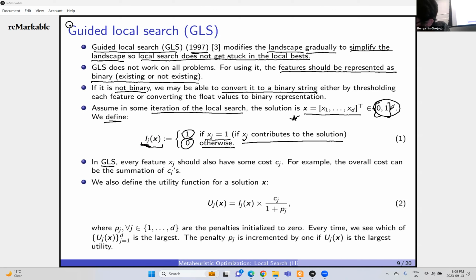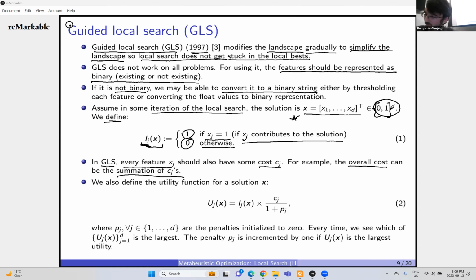In GLS, every feature xj should also have some cost cj. That's why initially I said this GLS algorithm is not applied on all optimization problems, only on specific problems where your features are binary and every feature has some cost cj. Then you might have an overall cost, which can be the summation of the costs of the features.